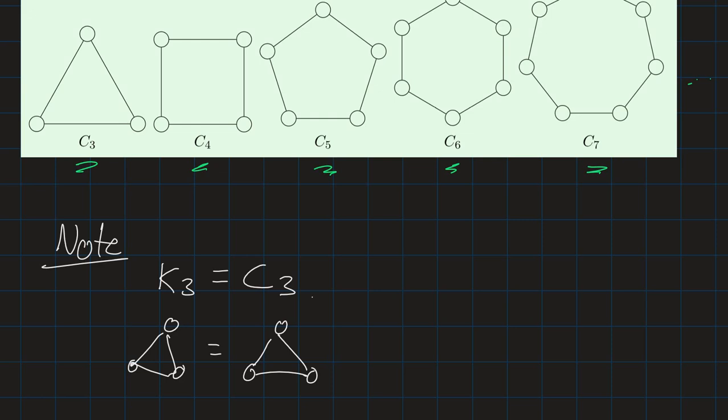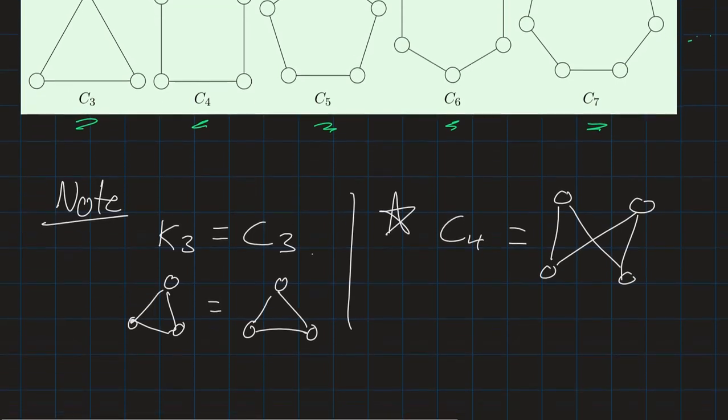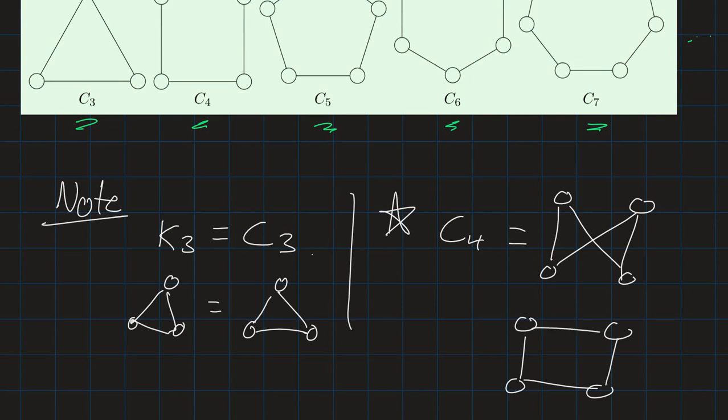One more thing I want to note is that when I'm talking about these special graphs, I'm talking about them up to isomorphism. So if I say something like C4, well, this graph here, if I could draw, is still C4 because it's isomorphic to this one here.